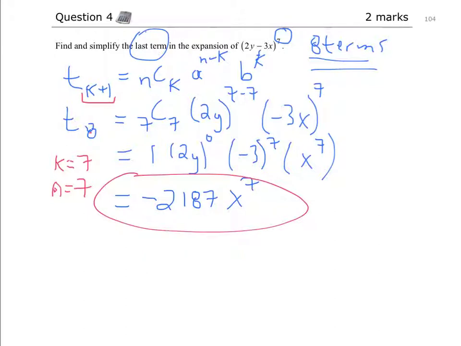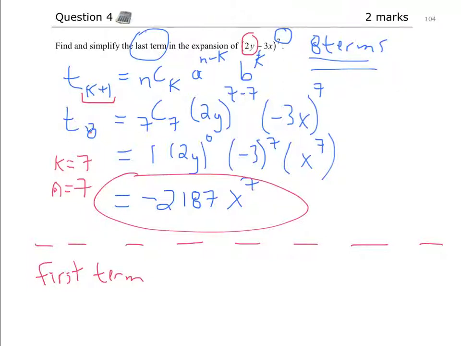I'd like to show you one quick shortcut, which is the way I would do any binomial expansion. If you're asked for the first term in a binomial expansion, it's just going to be the a in your binomial raised to the n.